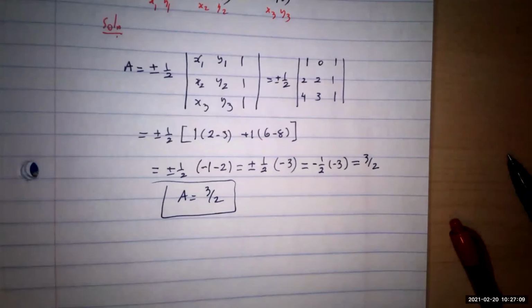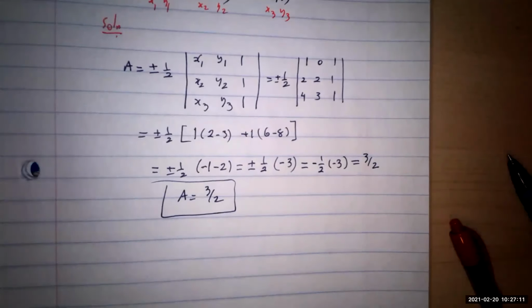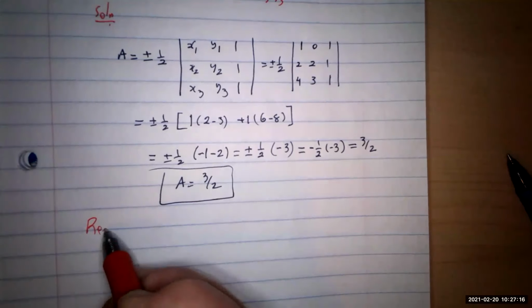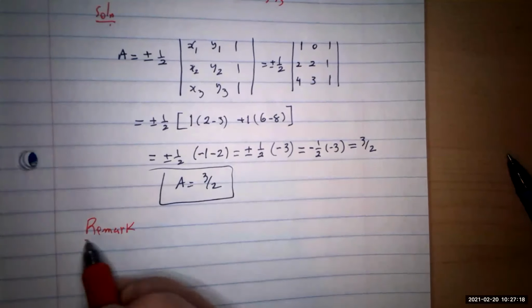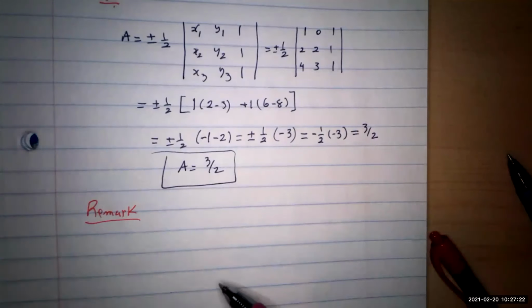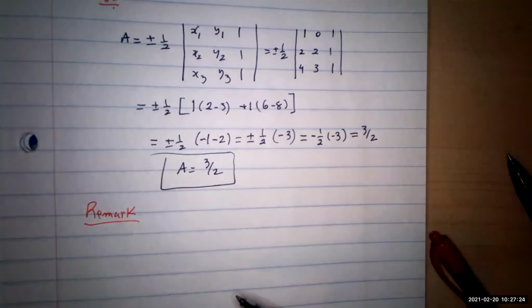So just to give you the hint for the other application that we talk about, that solves the other two problems that we have. Three points are going to be collinear if they don't form a triangle.